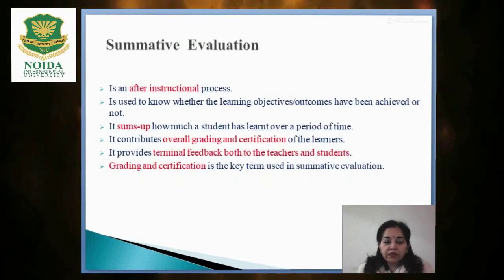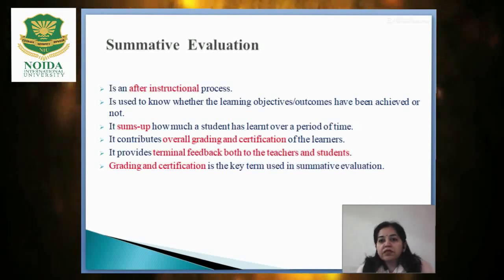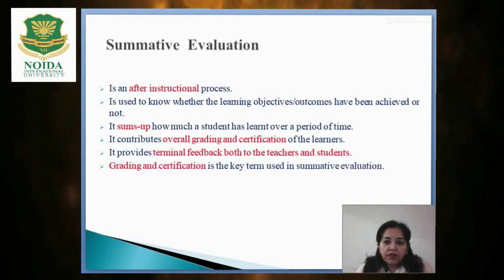Okay, now let us come to the third phase and fourth evaluation, that is summative evaluation. Summative evaluation, as we discussed, is conducted after the instructional process. It is used to find out the extent to which the instructional objectives have been achieved at the end of the terminal period.